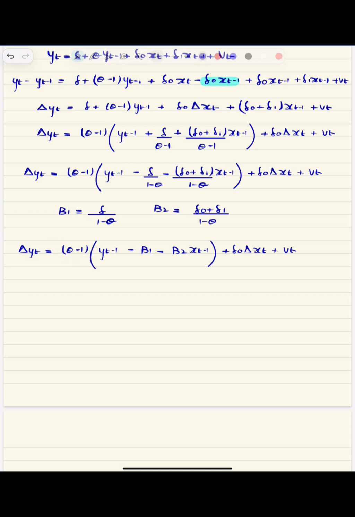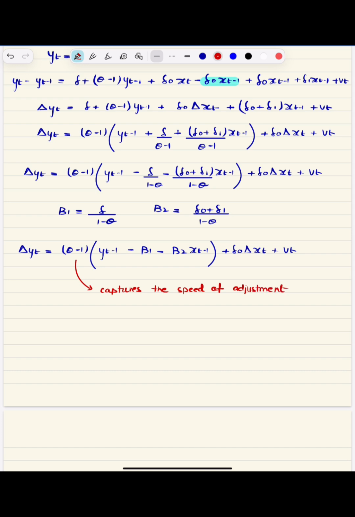Okay, so this expression, the coefficient of yt minus 1, simply captures the speed of adjustment towards the long run equilibrium.